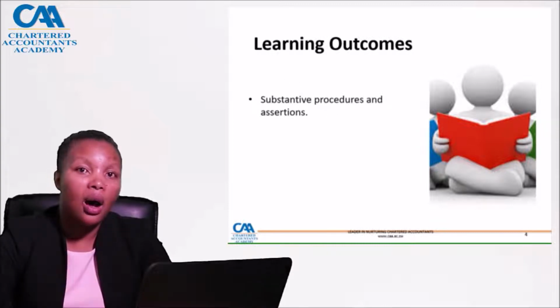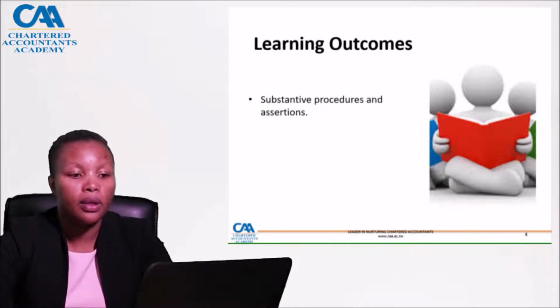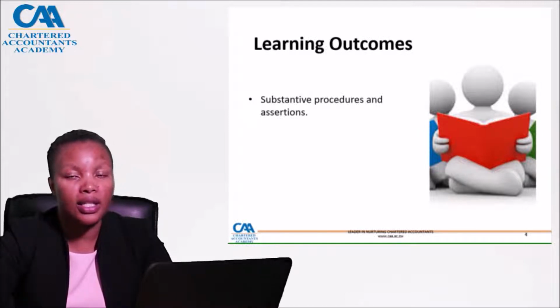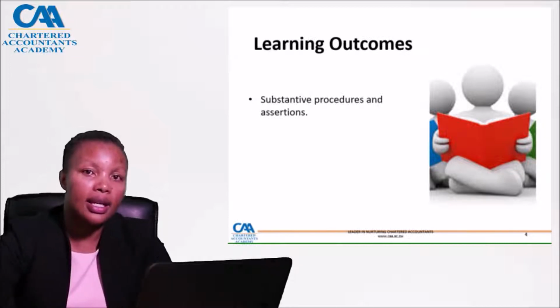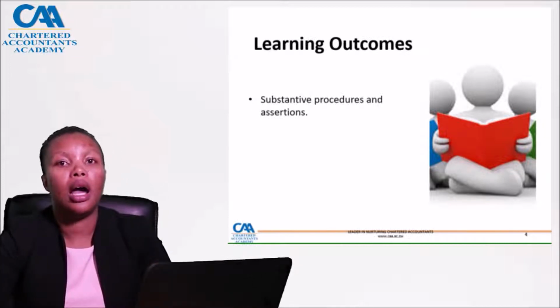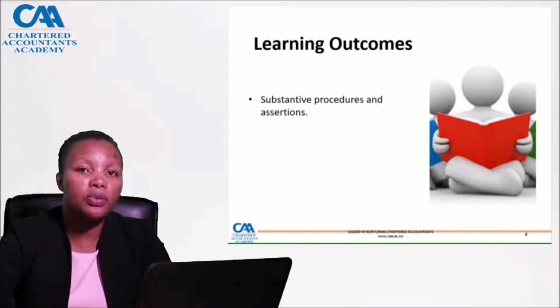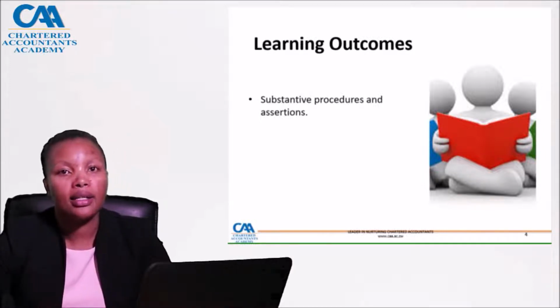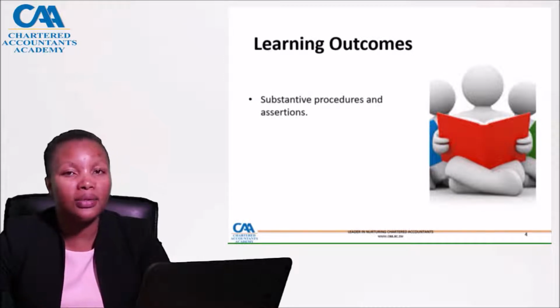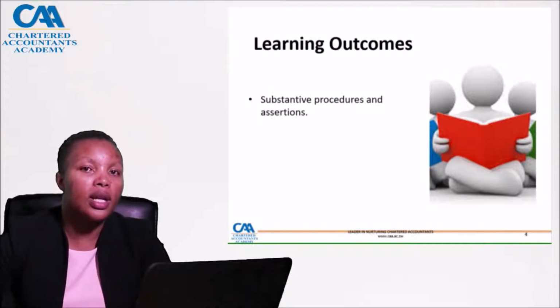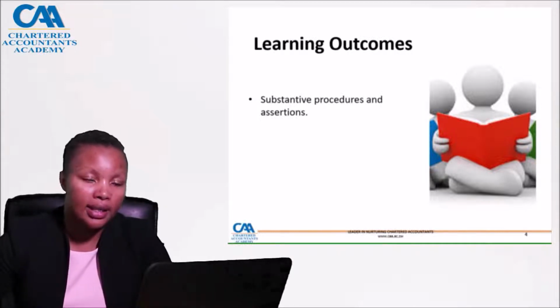Alright, so what are our learning outcomes? Now we want to look at substantive procedures and assertions. In the previous session, we looked at how to formulate a substantive procedure. We looked at how substantive procedures assist in obtaining sufficient appropriate audit evidence based on the risks that we would have identified at risk assessment.